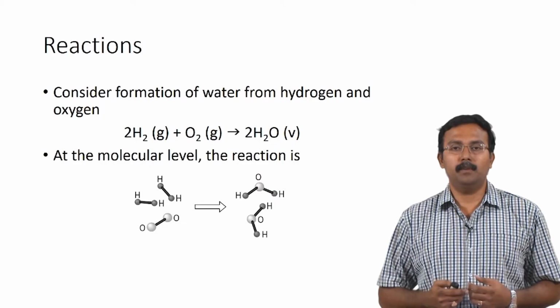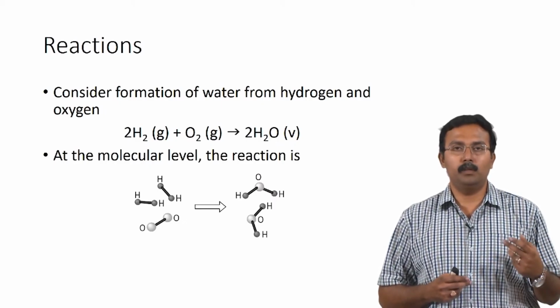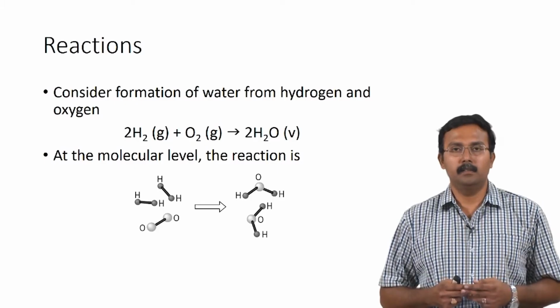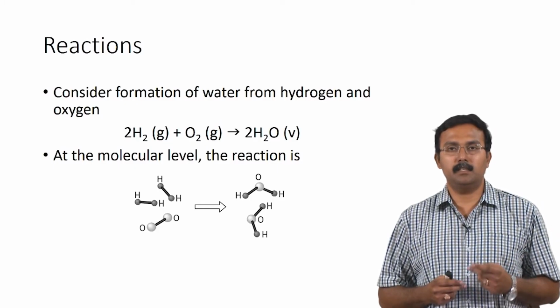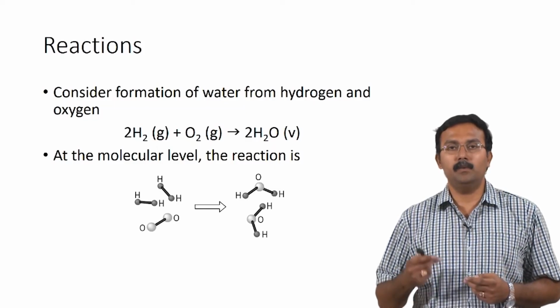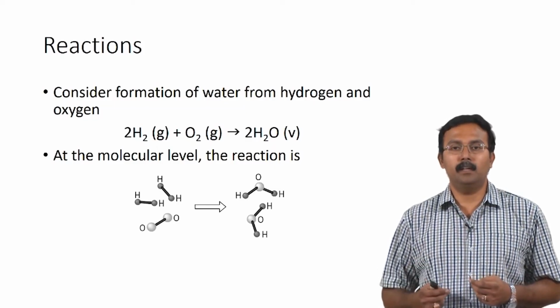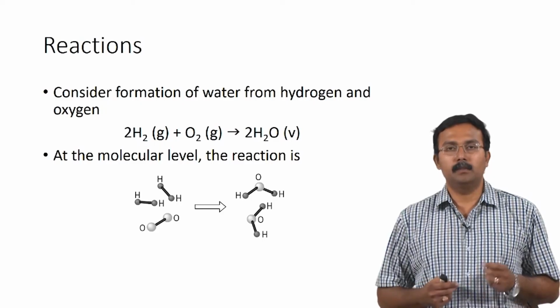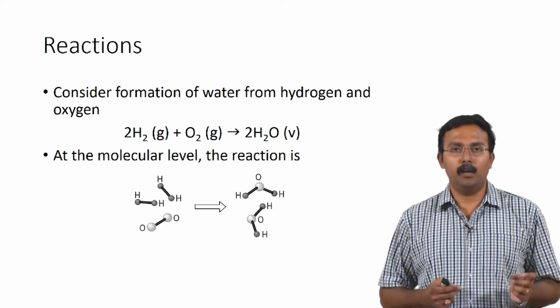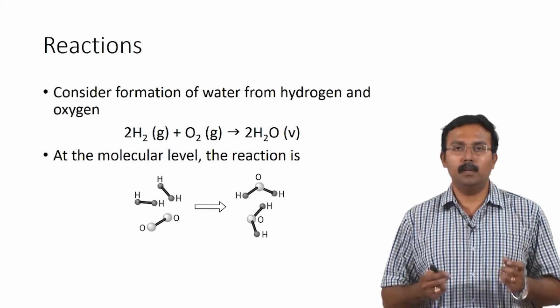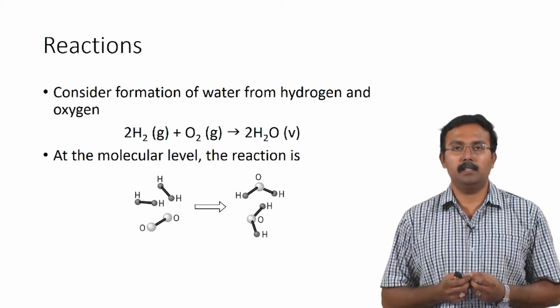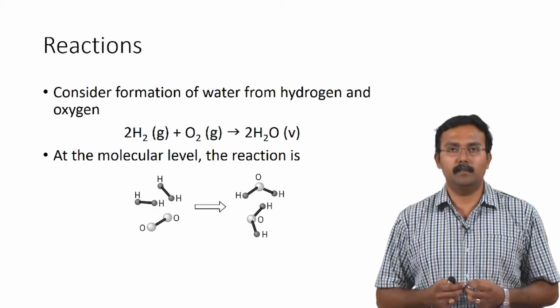So, if you look at it from a molecular level, what is happening? You have 2 molecules of hydrogen. So, basically HH and another HH are actually reacting with OO to finally form H2O. So, the H2 has bonds, and O2 also has bonds holding the 2 atoms of hydrogen and 2 atoms of oxygen together.